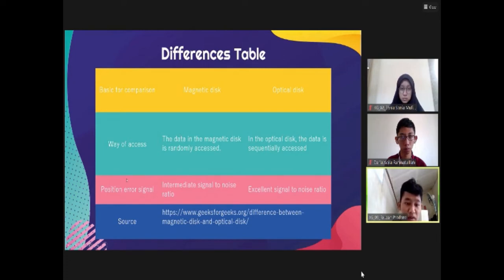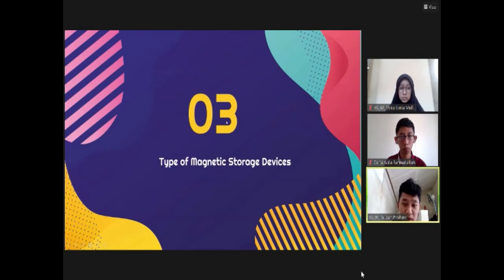Based on position error signal, the magnetic disk has an intermediate signal to noise ratio, but the optical disk has an excellent signal to noise ratio. So the next material will be explained by Elvira.